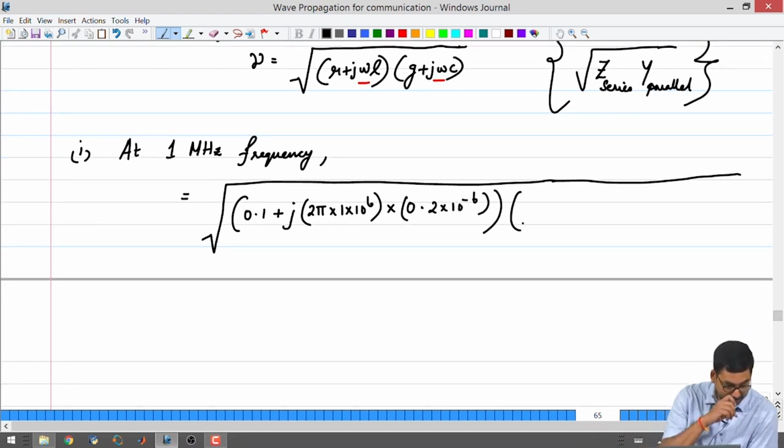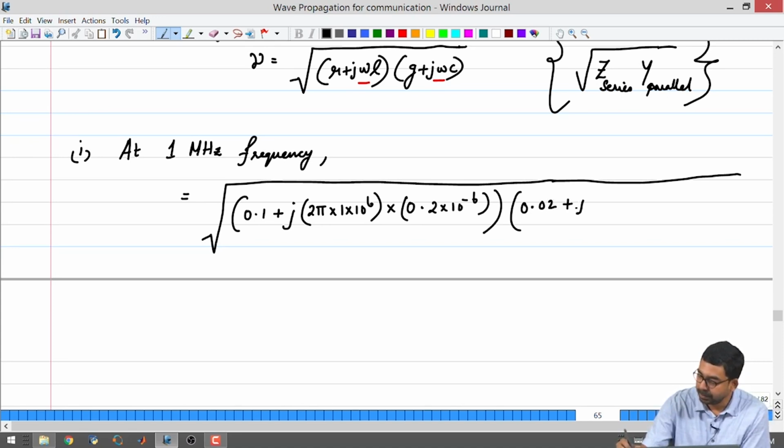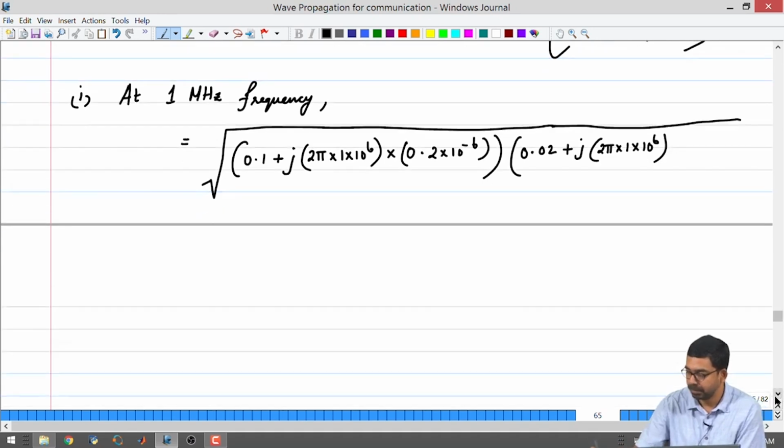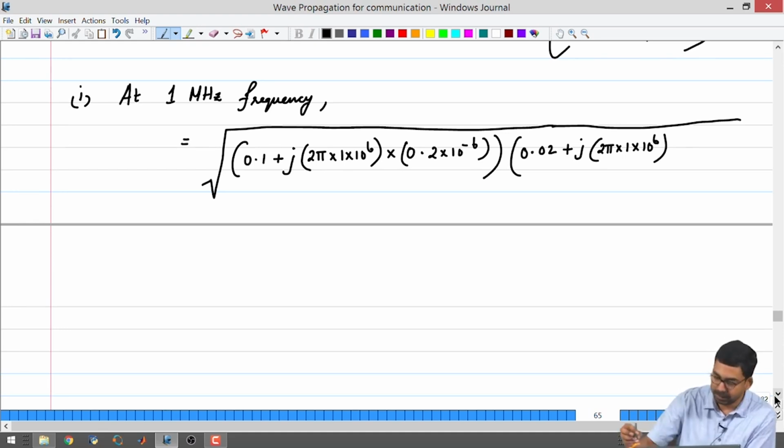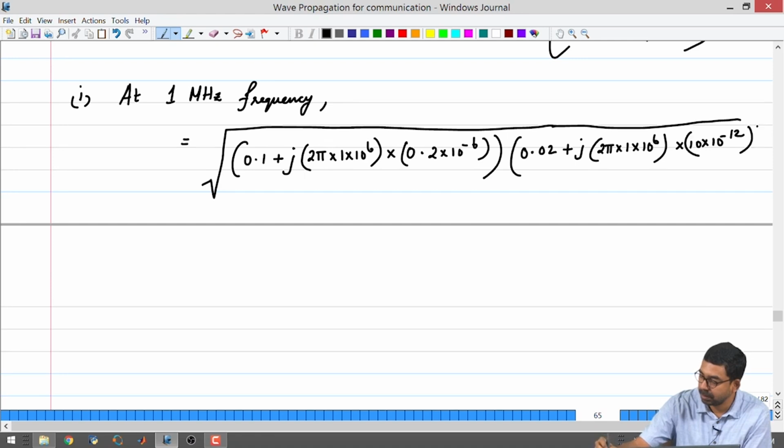The value of G that we have is 0.02 mho per meter, or 0.02 Siemens per meter, plus j times omega into the value of the capacitance per unit length, that is in this case 10 picofarad. So you have (R plus j omega L) times (G plus j omega C). It is a big number, you can make some calculations.